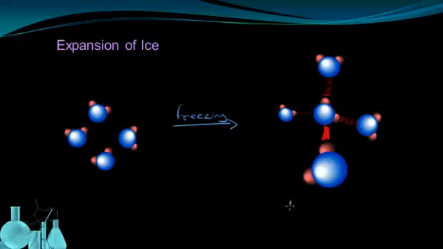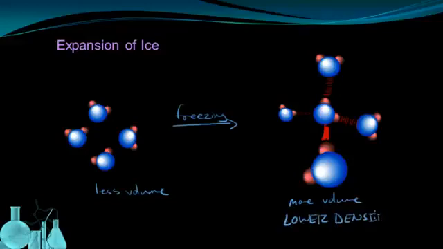So solid water, ice, takes up more volume than liquid water. And if the same mass has more volume, that means the density is lower. And that's why ice is able to float in water, because even though they're the same substance, the ice crystal has a lower density than liquid water.